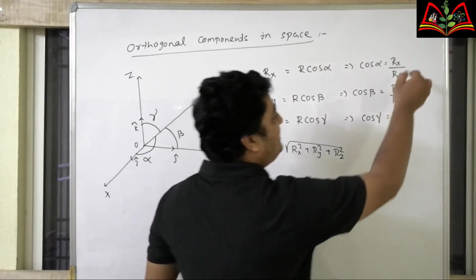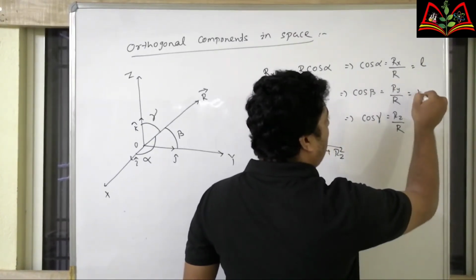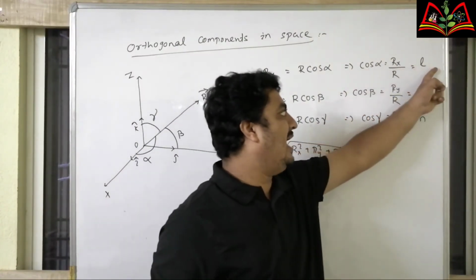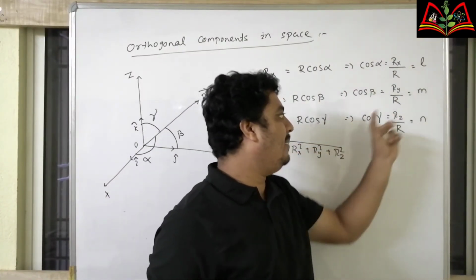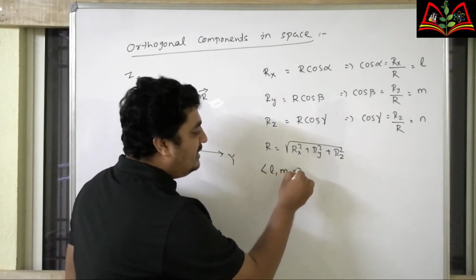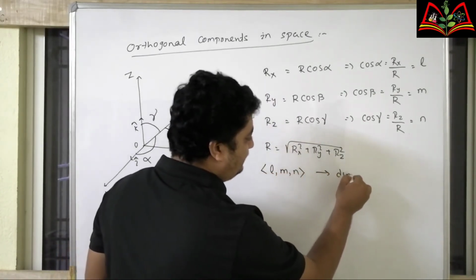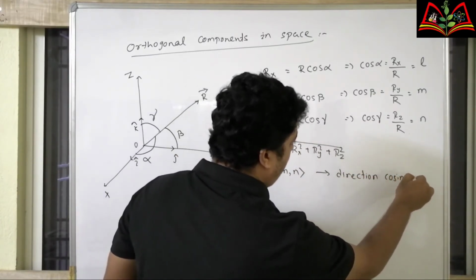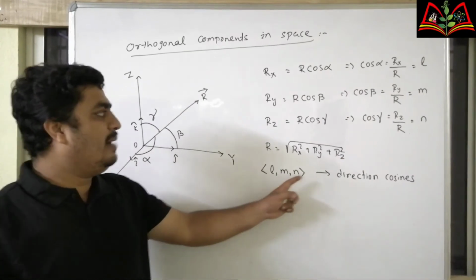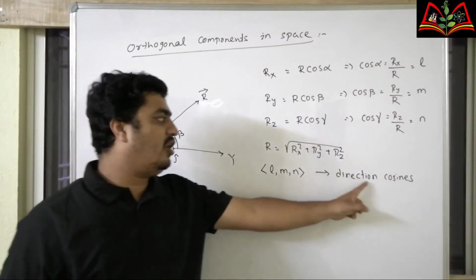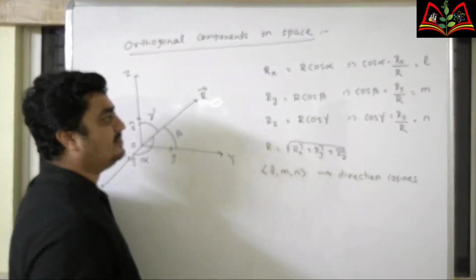Now cos alpha is called L, cos beta is called M, cos gamma is called N. L, M and N, that is cos alpha, cos beta, cos gamma are called direction cosines.